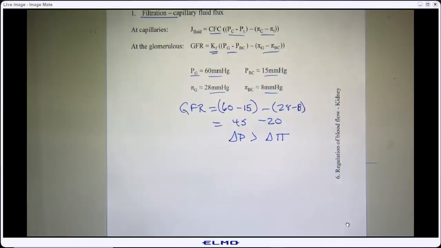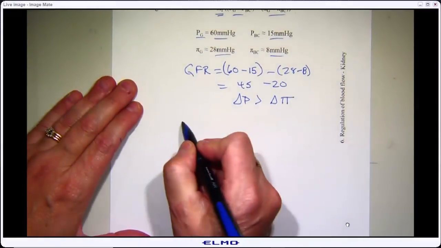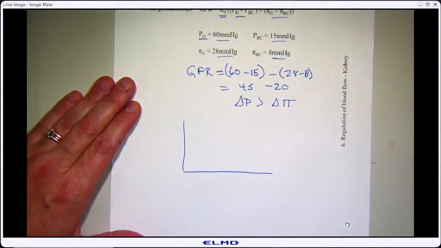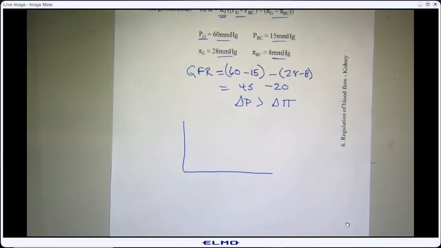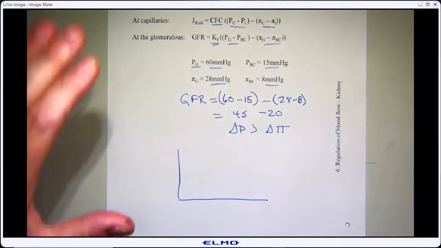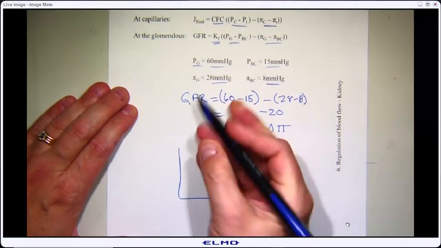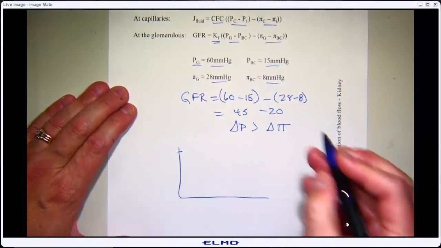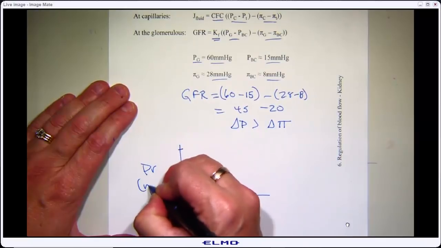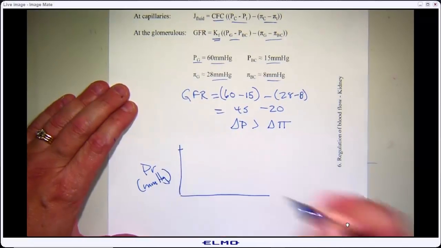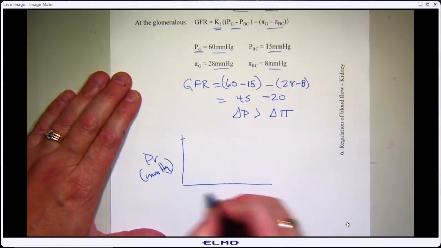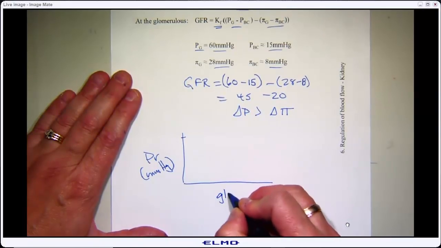This was a scenario we set up before, which would argue we get filtration. Now what the kidney did is set pressure higher. So we talked about this, this hydrostatic pressure now is set high. Let's label our graph here. And then we have our glomerular capillary bed.